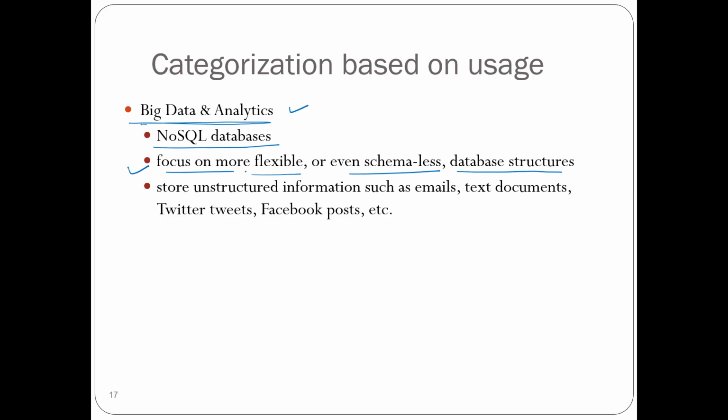Big data systems are good for storing unstructured information such as email, text documents, Twitter tweets, Facebook posts, etc. So if you're dealing with text data like email, Twitter, and Facebook posts, then you would go with big data.